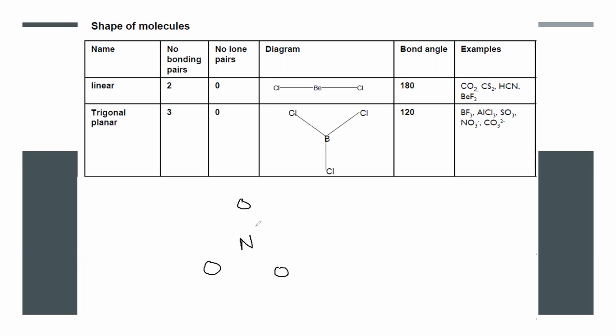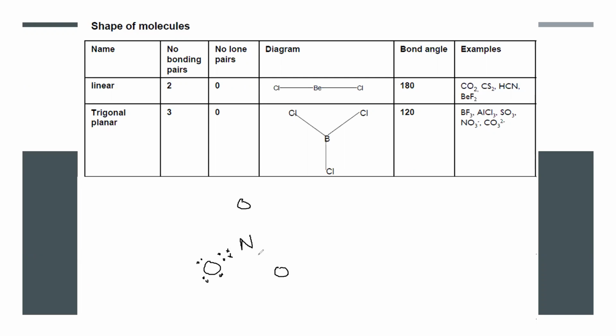If it is having 5 electrons in the outermost shell, it can share only 3. Each oxygen can share two. So this oxygen shares, for example, two electrons with this nitrogen.